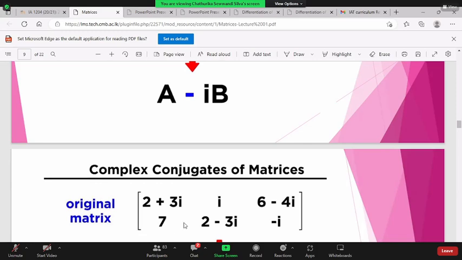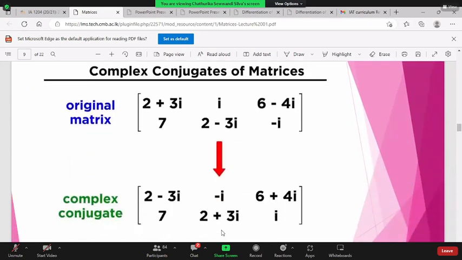The difference compared with the matrices we studied earlier is that previously we had real numbers as elements, but now the elements are complex numbers. So we are asked to find the complex conjugate of the matrix.